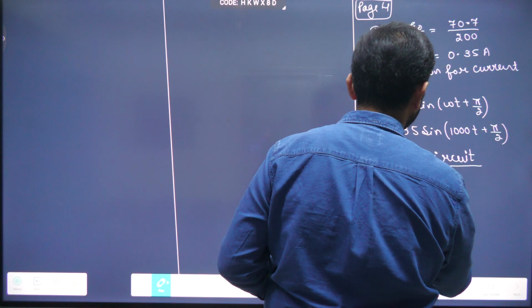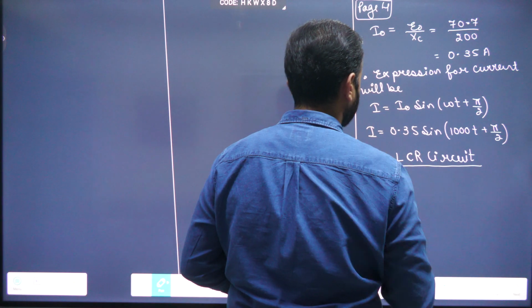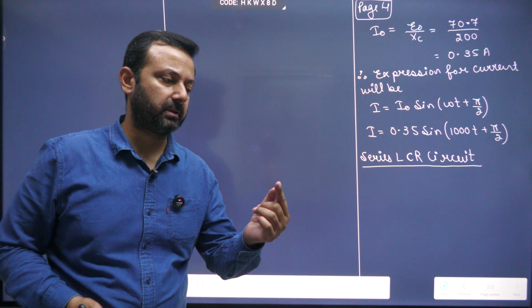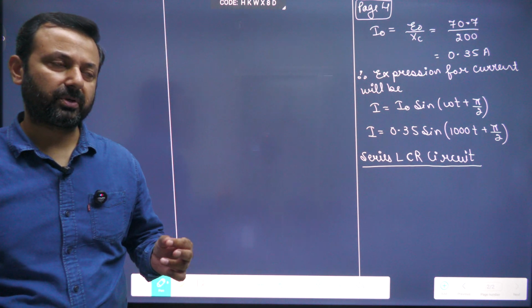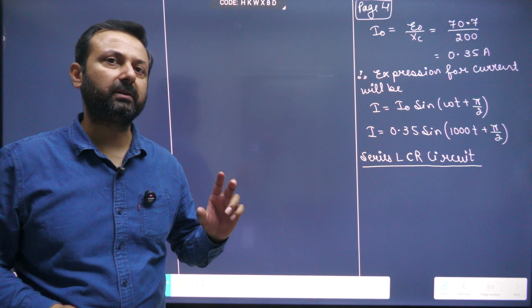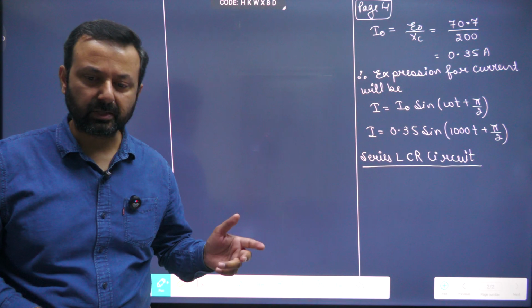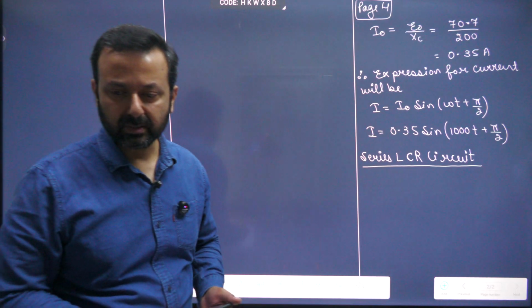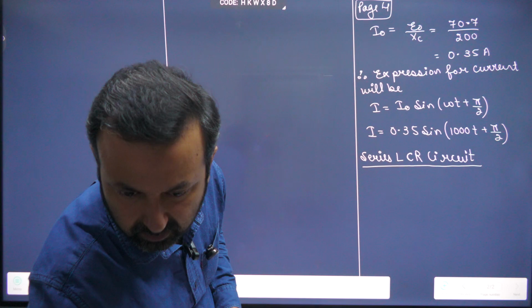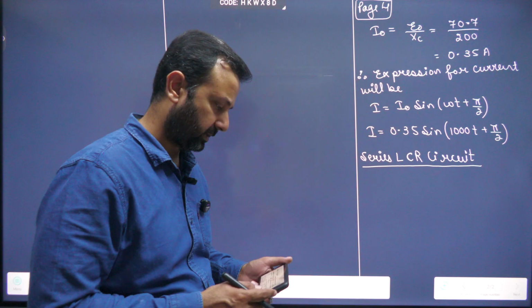LCR: L means inductor, C means capacitor, and R means resistance. These three components can be connected in any way, in parallel or in series. But we have only series in our syllabus. So let's do the series LCR circuit.